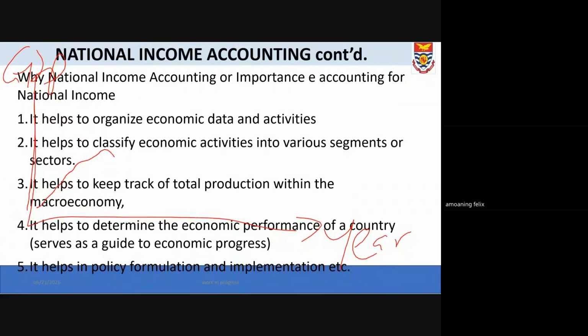It got to a time it reduced a bit. It started going up, reduced a bit, and it started going up like that. Now, what is this telling us? This is just giving us the trend of the country's GDP, and we can only know the trend of our performance based on the data that is available to us.